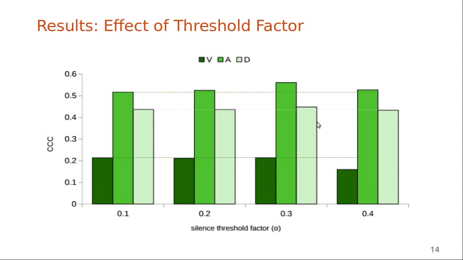So the best result is obtained by using a threshold of 0.3. And if we increase the threshold, the performance decreased. So we can exclude the use of 0.4 as a threshold. So again, we can see that different silent thresholds have an effect on dimensional speech emotion recognition, on arousal and dominance, and particularly on arousal.